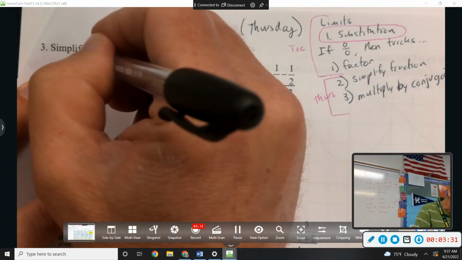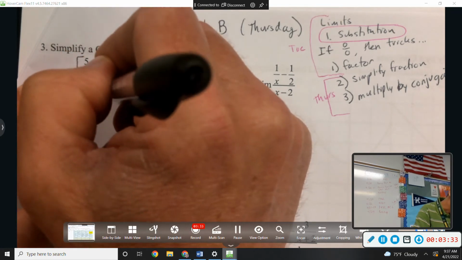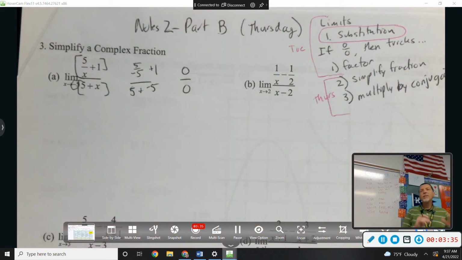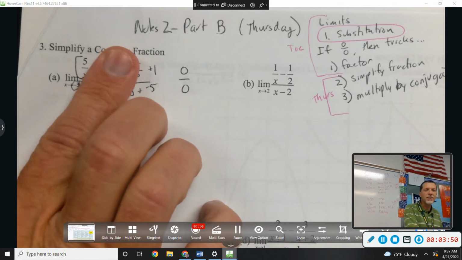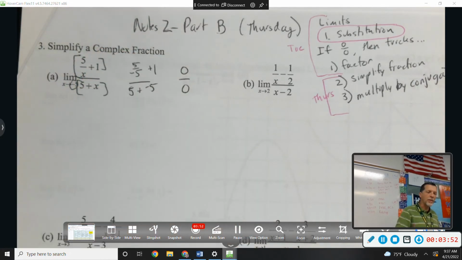Well, I would like to multiply the top and the bottom by whatever it takes to make the fractions go away. So this one's pretty straightforward. What could I multiply by to make all the fractions go away? Well, there's only one fraction to be worried about. So what should I multiply by?